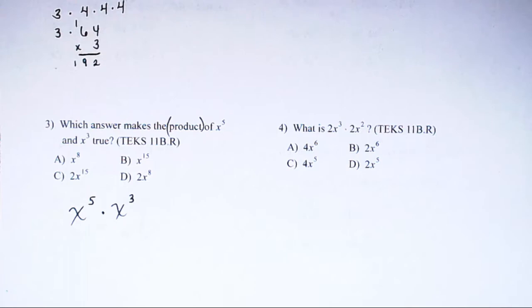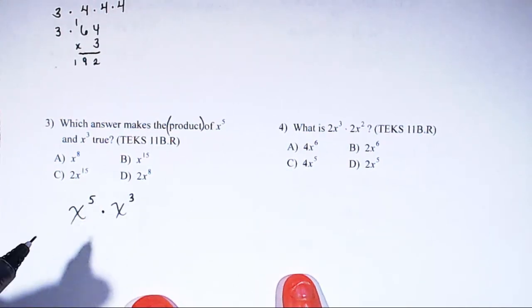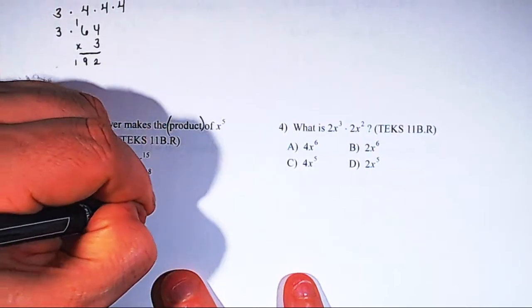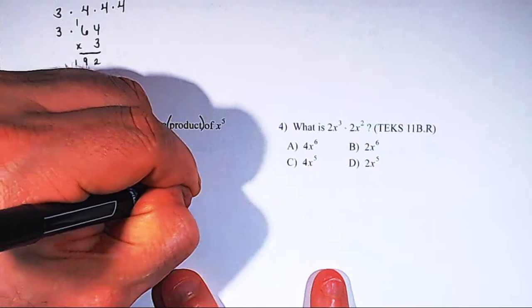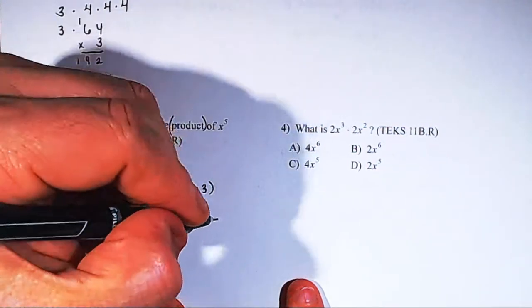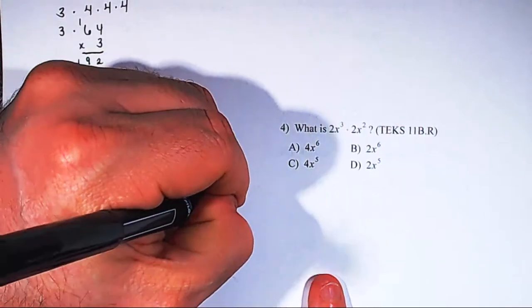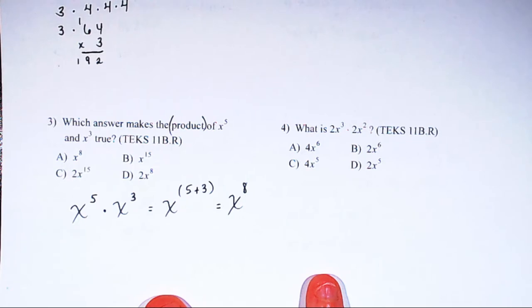The same bases exist, so we can use the product rule and just add the exponents. So x to the 5th times x to the 3rd equals x to the 5 plus 3. Now this intermediate step is not entirely necessary, but I just want to show it. That's how we get x raised to the 8th power.